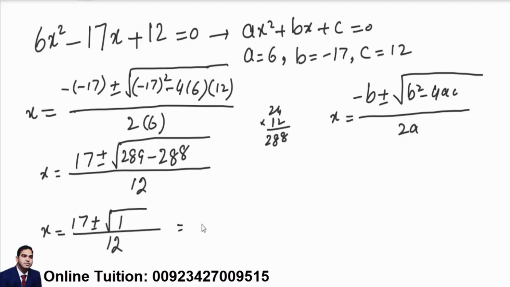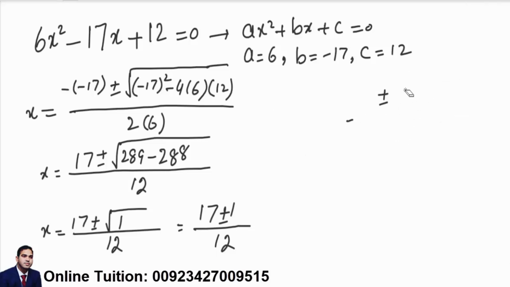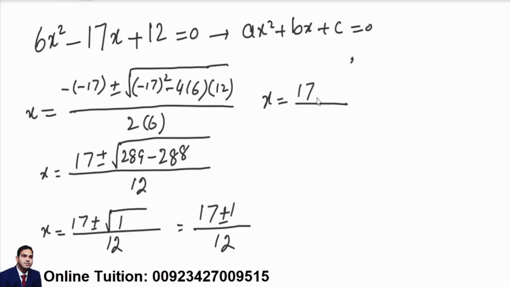Now after that x is equal to 17 plus minus 1 over 12. Here we have two values of x. The first is x equal to 17 plus 1 over 12.